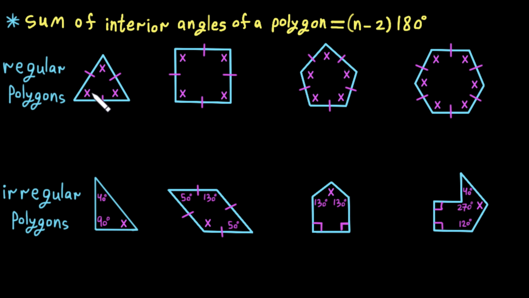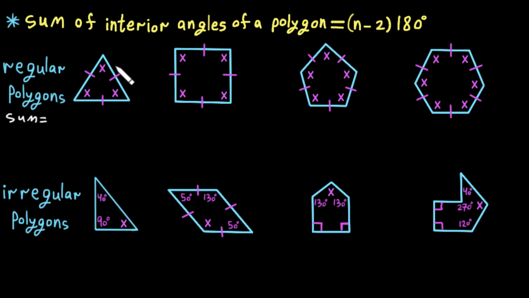Now, what is the value of this x here or here or here? What is the value of this x? To find it, we first compute the sum of interior angles of this triangle. Then we compute this x by dividing the sum by the number of angles. Let's solve it. We know the sum of a triangle is 180 degrees, but I will use this formula.